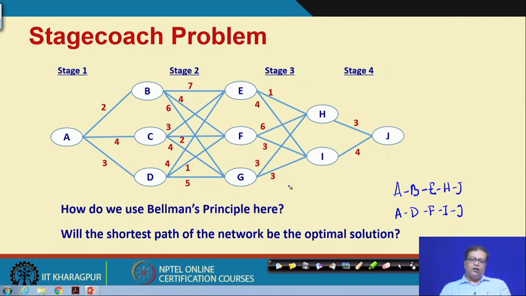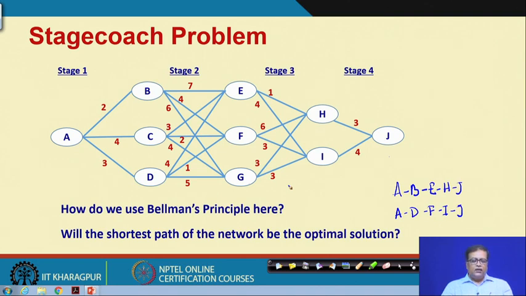So, if we find the optimal path from G to J, that optimal path will help us in finding the total optimal path from A to J by combining.